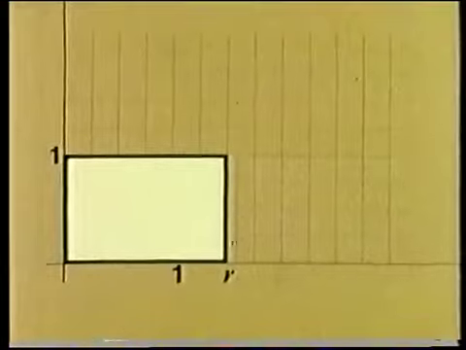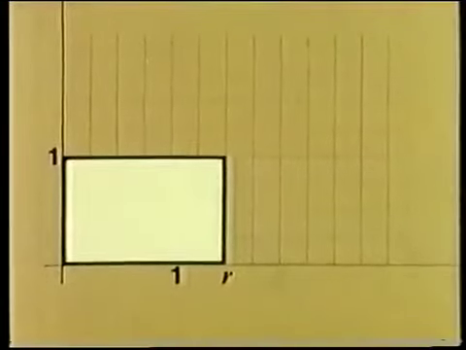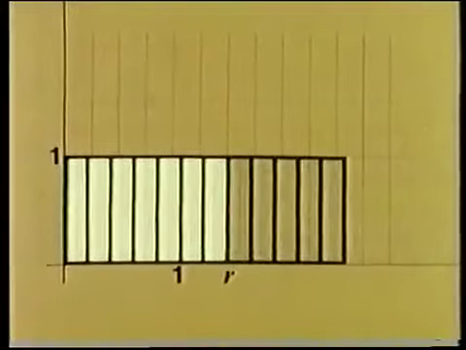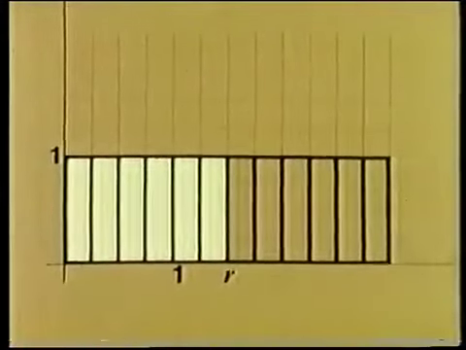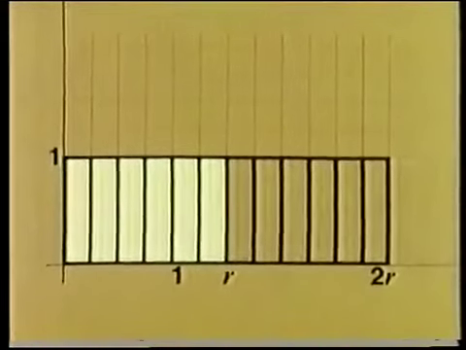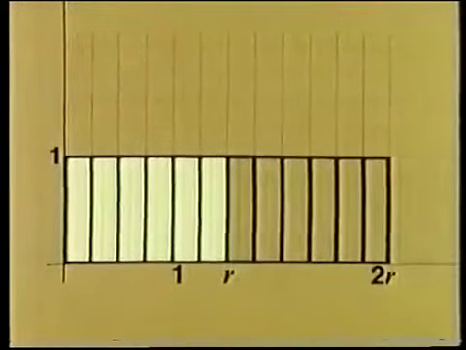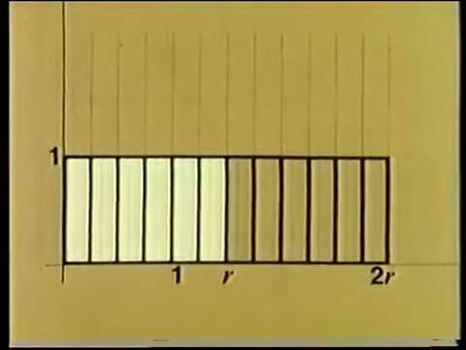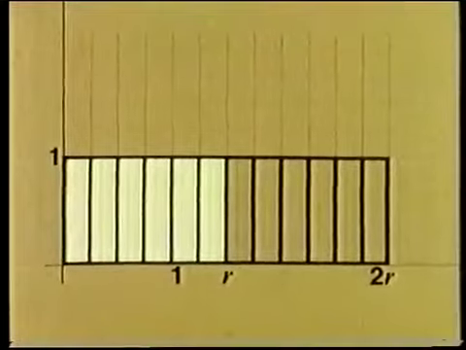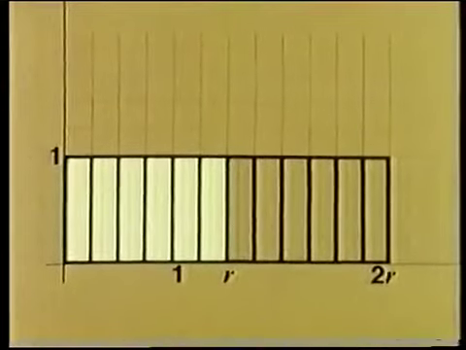Let's scale this in the x direction by a factor of 2 and see how its area changes. All distances from the y-axis have been doubled, so the width has been doubled. And the height is unchanged, so the area has doubled. And this would hold for any rectangle.